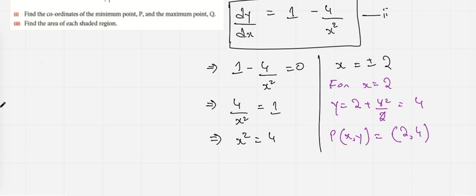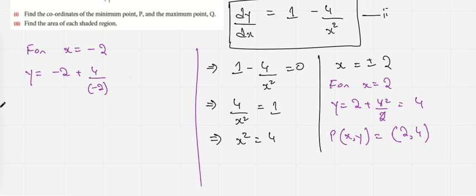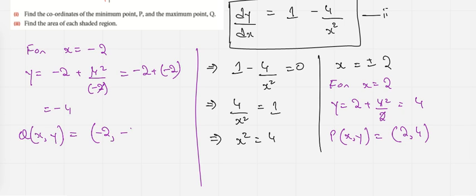Similarly, I move on here and try to find my Q y coordinate. So for x value minus 2, y is going to be minus 2 plus 4 upon minus 2. So it is giving me minus 2 plus minus 2 on cancellation, of course. So it is giving you minus 4. So Q coordinates are minus 2 and minus 4.